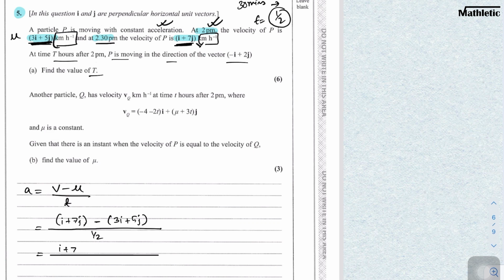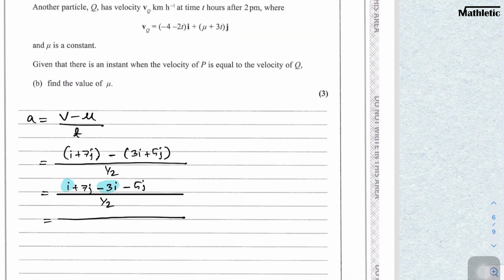Next, I will just simplify this. We have 1 plus 7j, then I need to multiply this by minus 1. So that will be minus 3i minus 5j. The signs will be reversed. So this i and minus 3i will give us minus 2i. Next we have 7j and minus 5j, that's 2j.